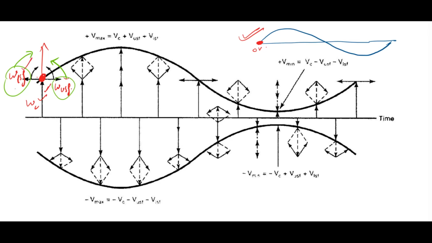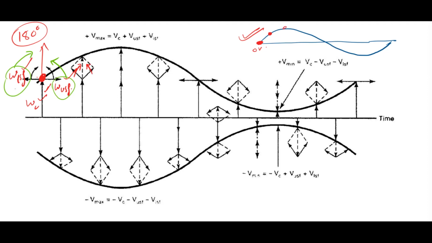These two sidebands will be out of phase by 180 degrees, cancelling the effect of each other. Now suppose we are moving towards this side, meaning the value of amplitude is increasing. The lower sideband will start to move in the clockwise direction, and the upper sideband will move in the anti-clockwise direction.